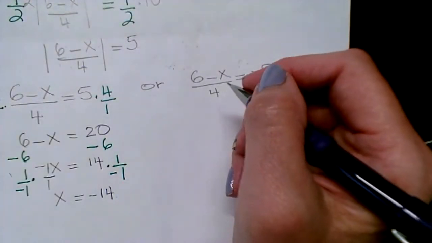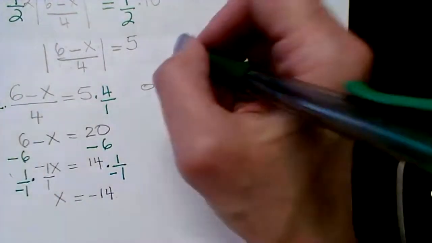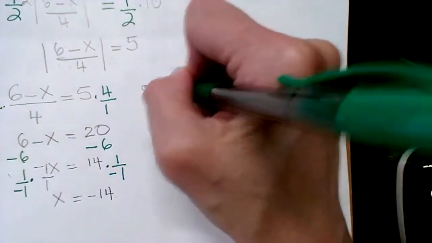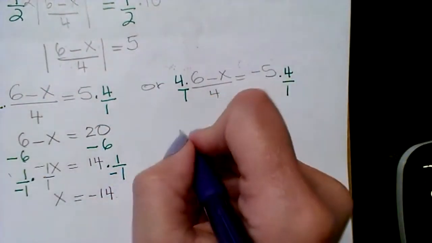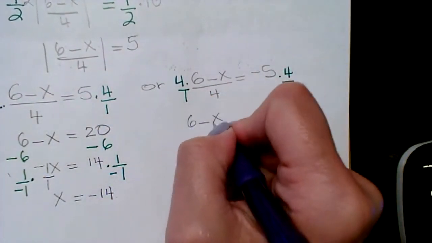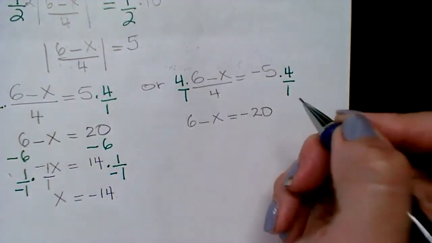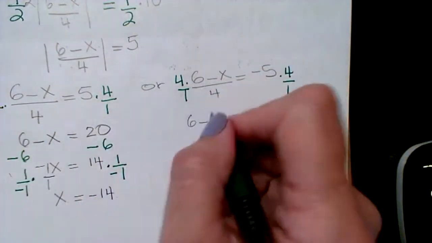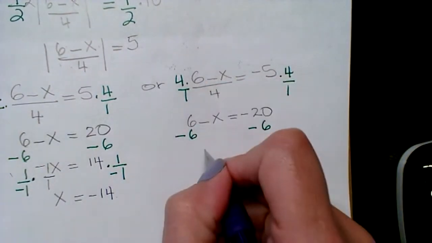Now, let's go ahead and do this part. Right here, I need to do the same. I need to multiply by the reciprocal. So it's 6 minus x equals negative 20. And I'm going to make a 0 by subtracting 6.